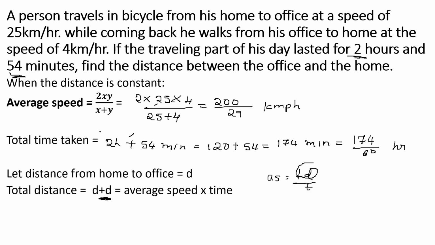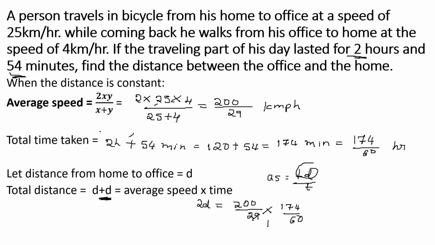So total distance 2d is equal to average speed, which is 200 divided by 29, multiplied by total time taken for the entire journey, 174 divided by 60.